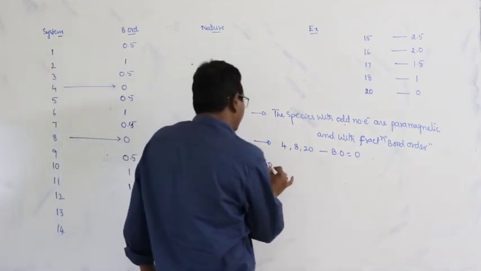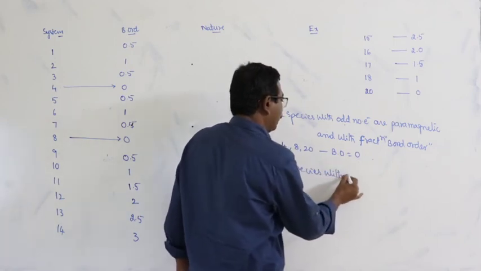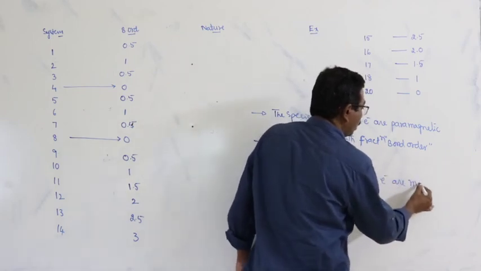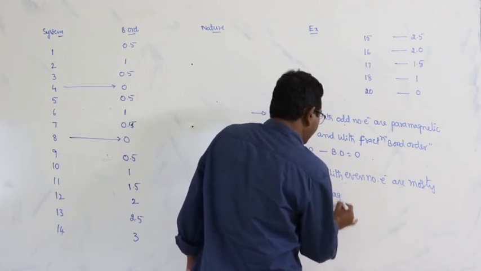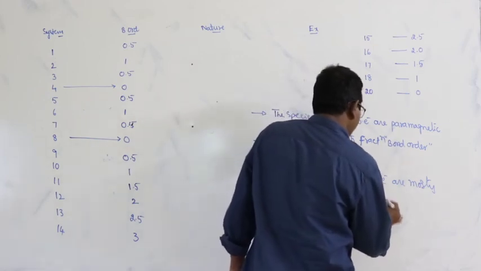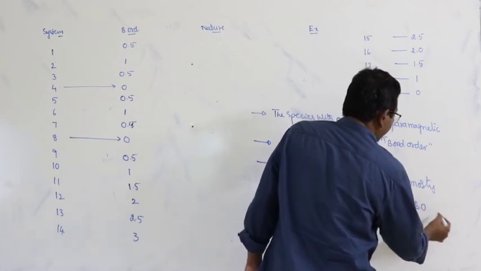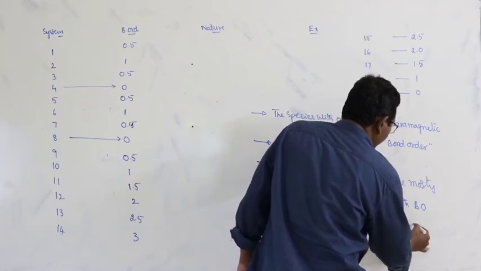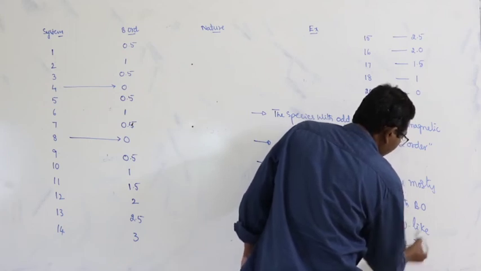Next, the species with an even number of electrons are mostly diamagnetic, and with bond order as whole numbers like 0, 1, 2 and 3.